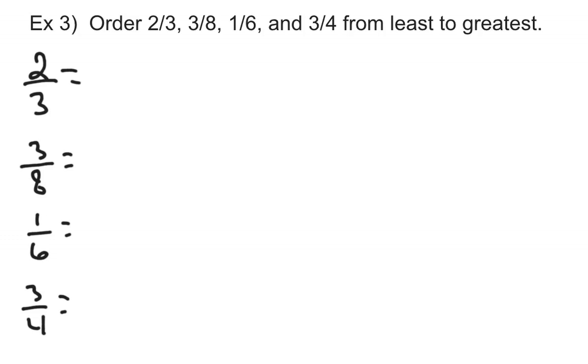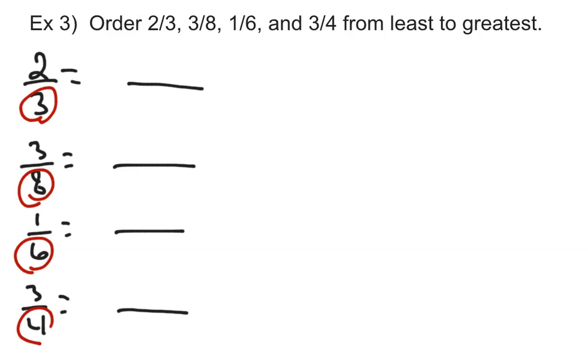So I'm trying to find a denominator that I can change each of these into, so I can come up with equivalent fractions. I look at the denominators, the 3, the 8, the 6, and the 4, and ask what number they all go into. One method, again, is to list the multiples.